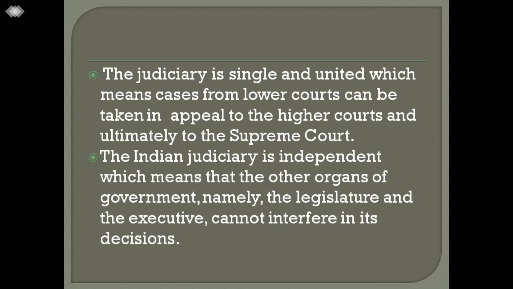So with this, we can understand that the judiciary in India has a pyramidal structure with the Supreme Court at the top, High Courts below the Supreme Court, and below them the district and subordinate courts. The lower courts function under the direct superintendence of the higher courts. Thus, the court finally decides on the matter.